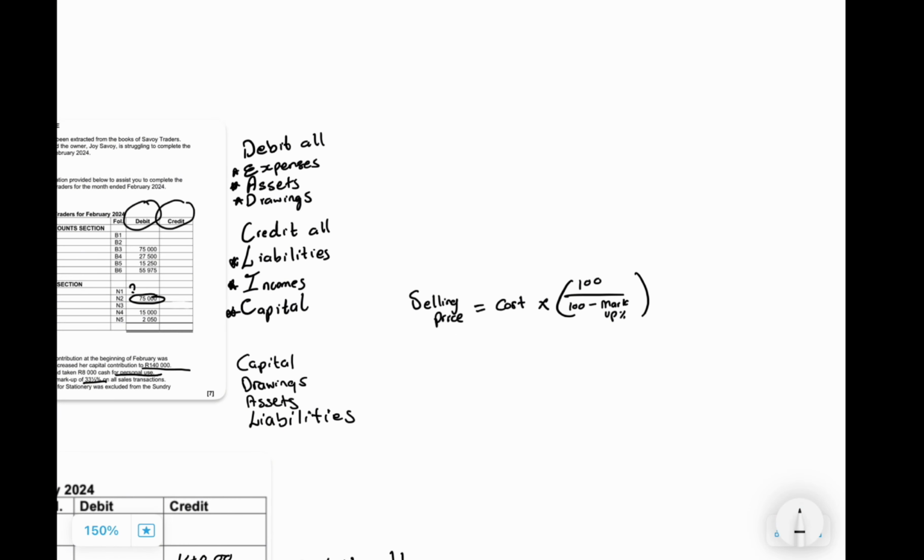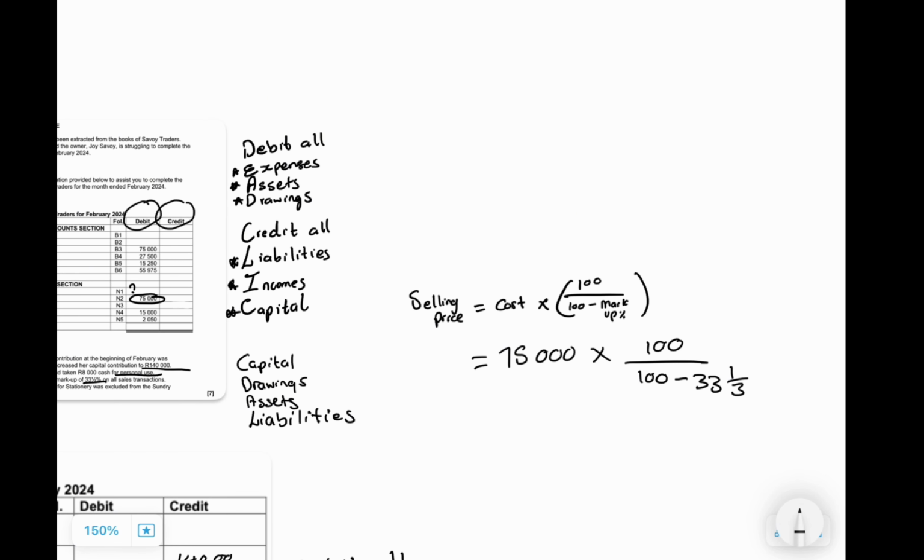So using our formula, we are looking for the sales, which is the selling price of the goods that we sold. We are going to say the cost price of 75,000 multiplied by 100 divided by 100 minus 33 and a third, because that is our markup percentage.